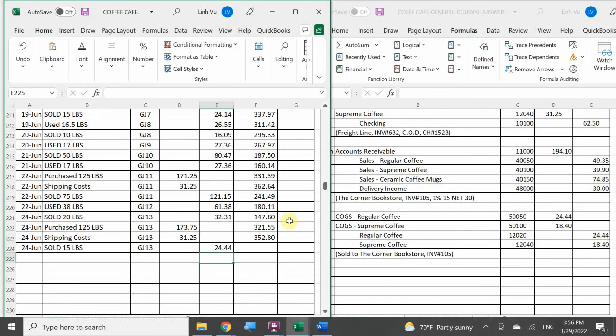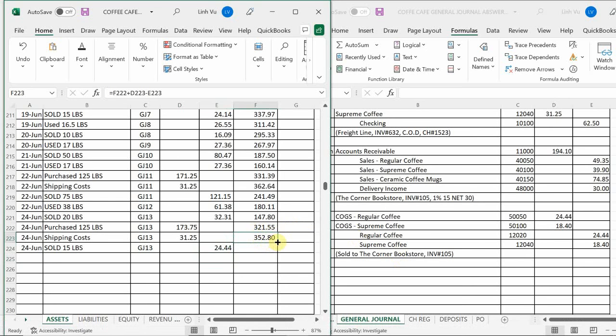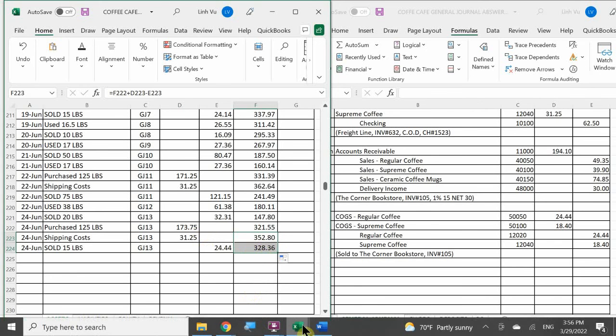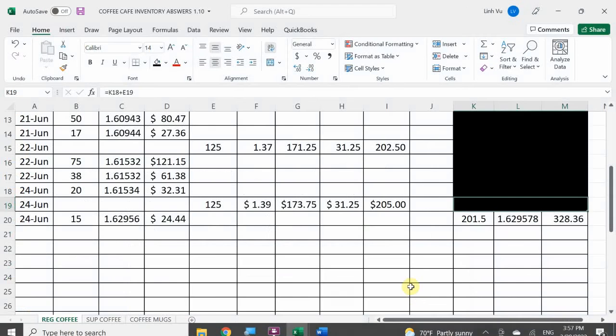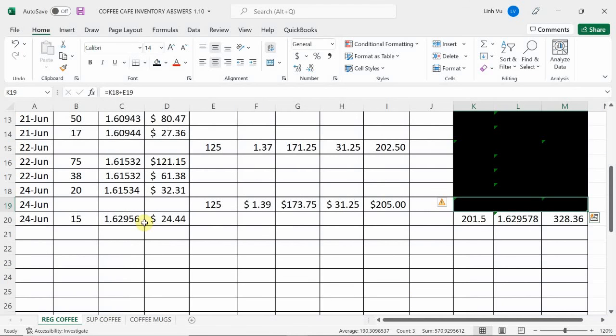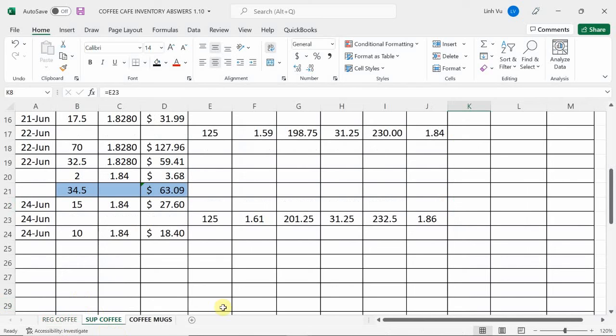So what should my ending balance be in my regular coffee account? 328.36. 328.36. Now let's double check our inventory. Is that true? 328.36. Yes. Okay.